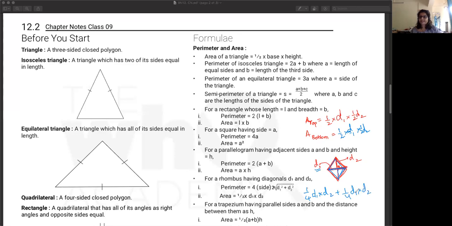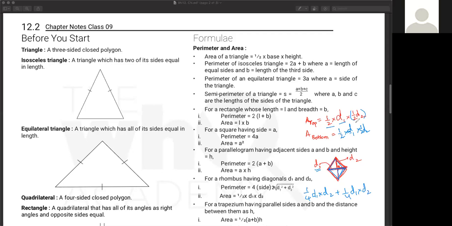Where did the 1 by 8 come from? Half into half would be 1 by 4, no? Half into base into height gives the 1 by 2.